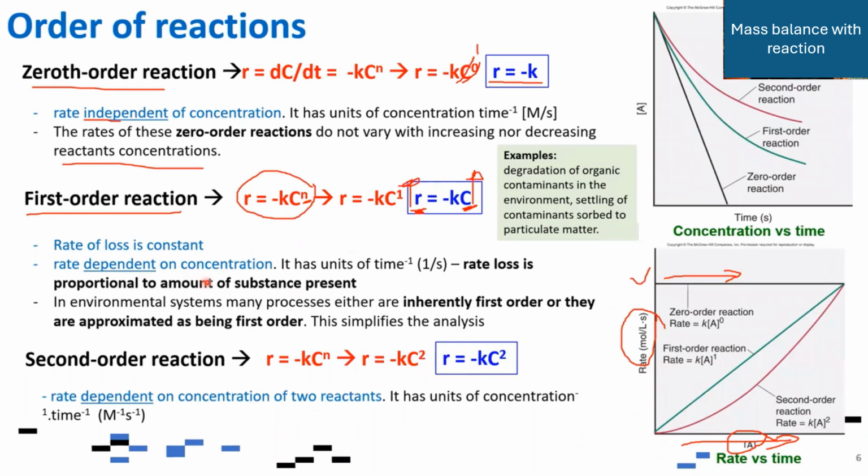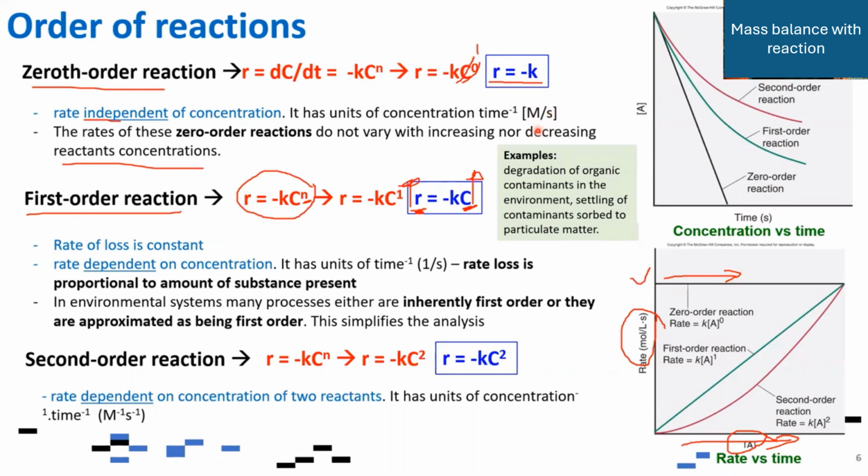So now we will talk about the units here. What will be the units for the zero order reaction? I forgot to say that one. If you look at this part here, the zeroth order has units of molar per second.